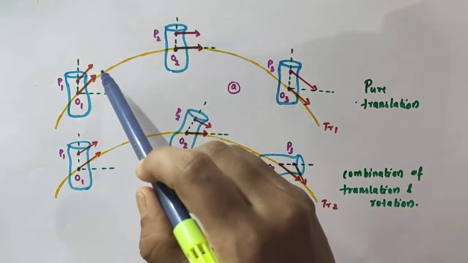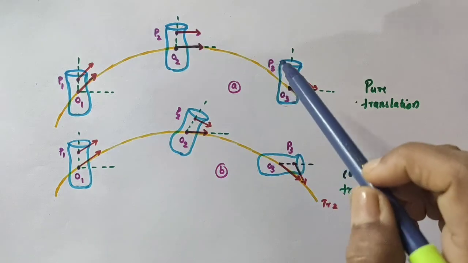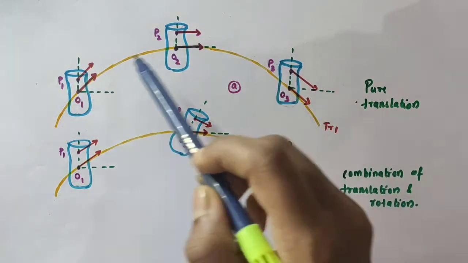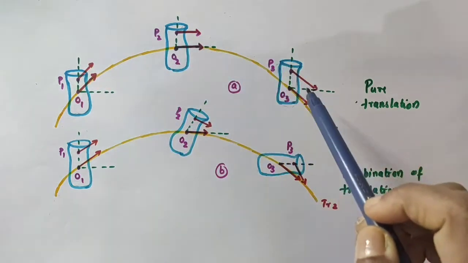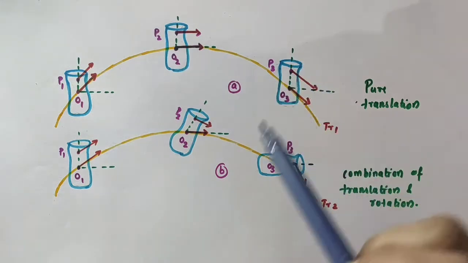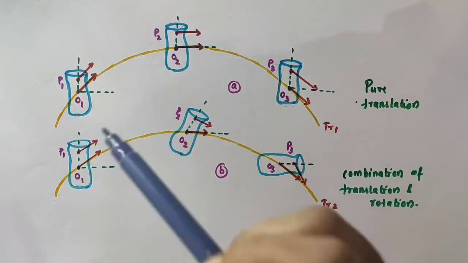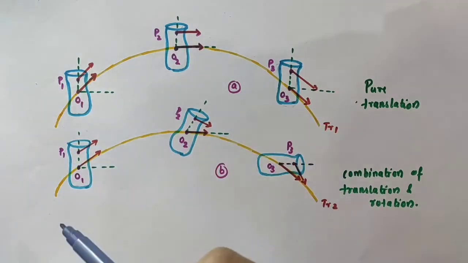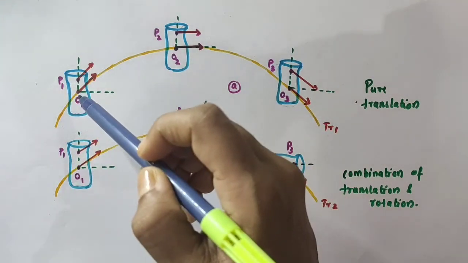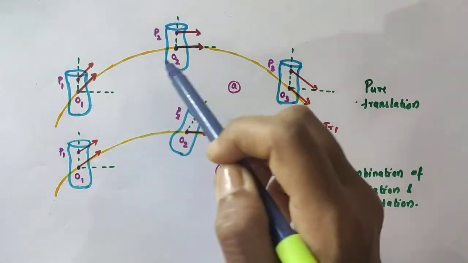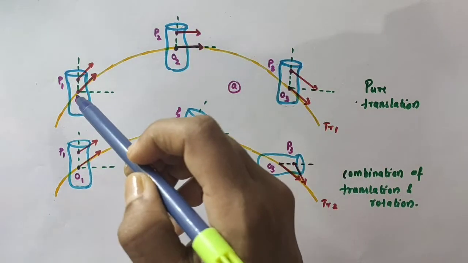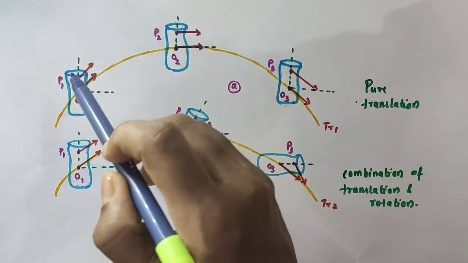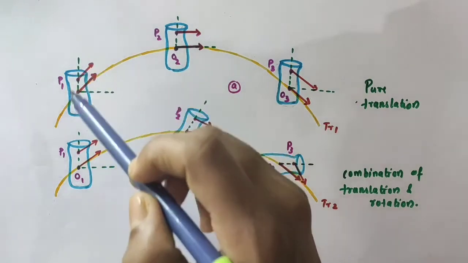The path traced out by any particle is exactly parallel to the path traced out by every other particle in the body. In pure translational motion, the particles at O and P, that is at O1, P1, O2, P2, like that, will have the same velocity at any instant of time.